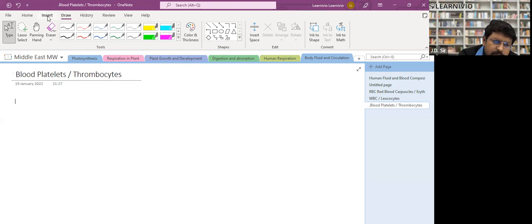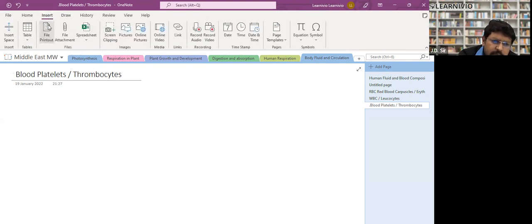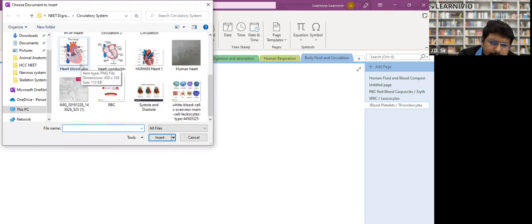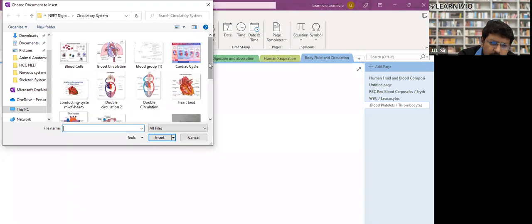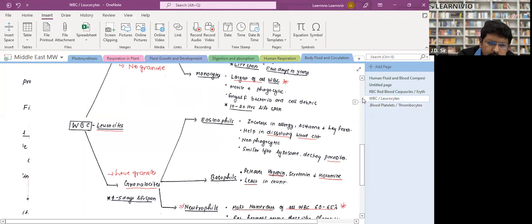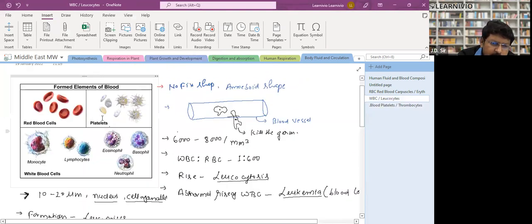They are a simple kind of cell. Let me show you the diagram again. So this was the diagram of the blood platelets.